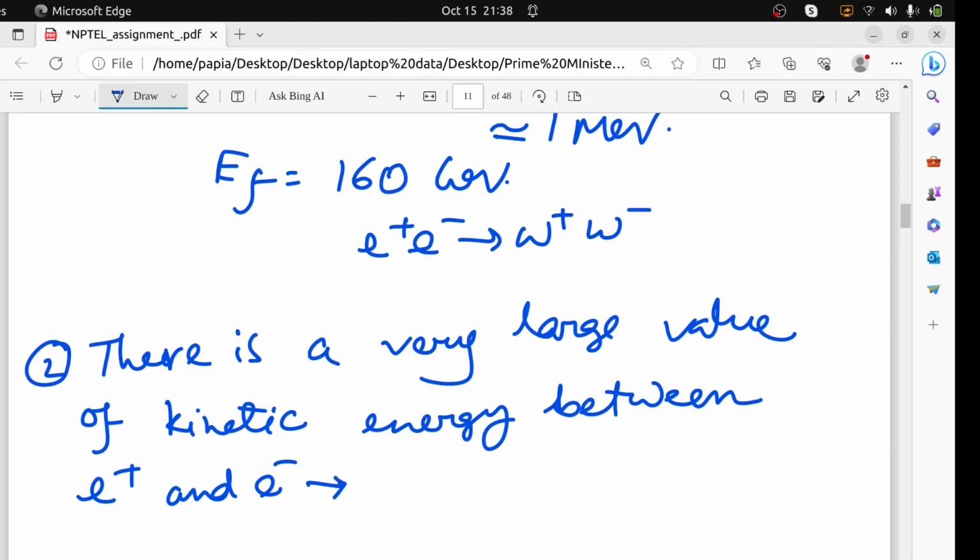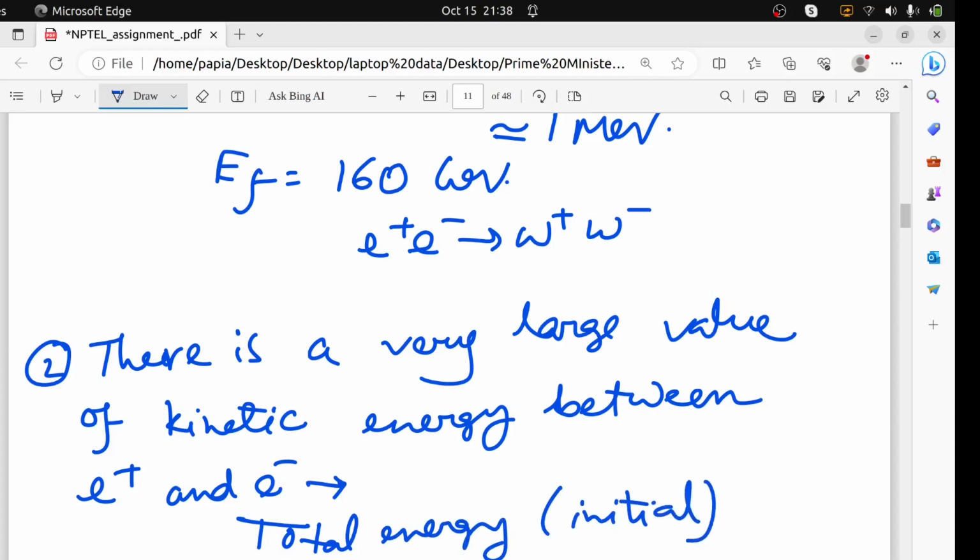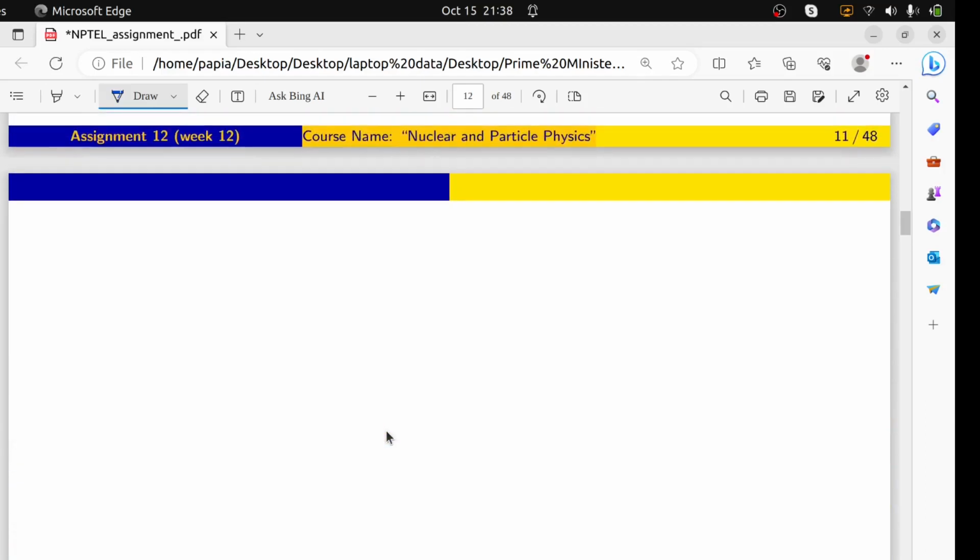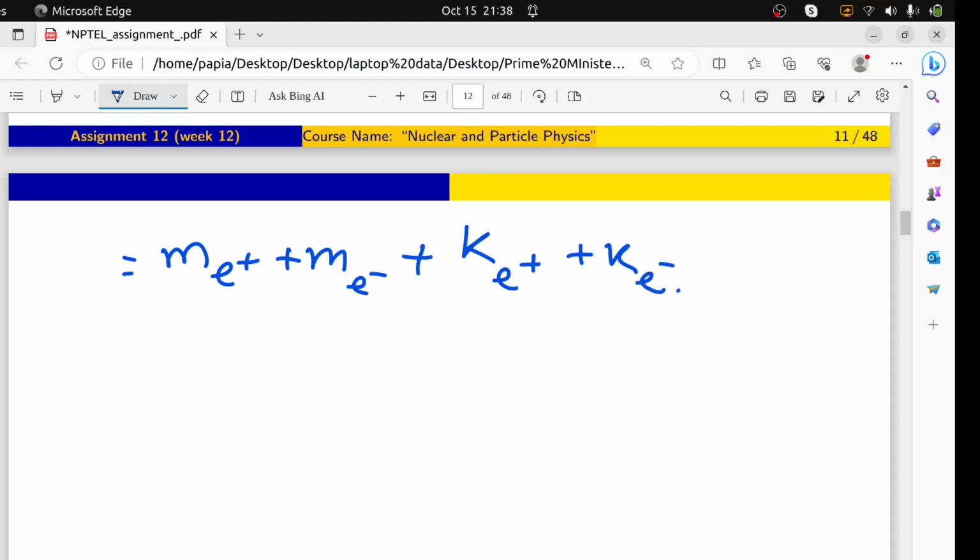So if e+ and e- have too much kinetic energy, then our total initial energy will obviously be the mass of e+ plus the mass of e- plus the kinetic energy of e+ plus the kinetic energy of e-, right?